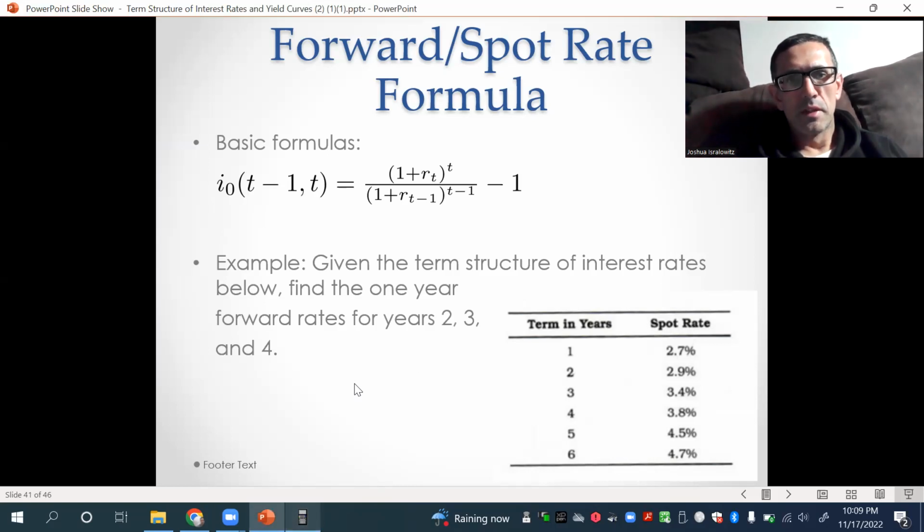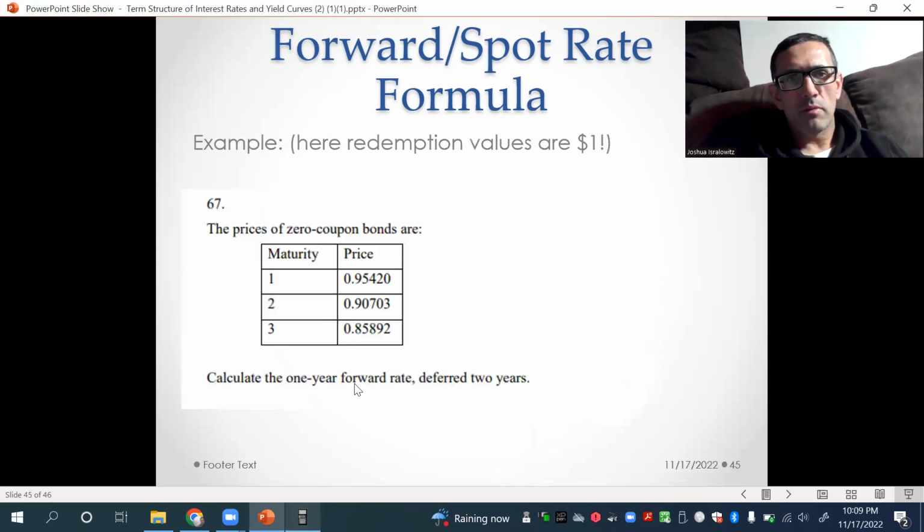So a little easy example, basically the same thing as we did before. Here are the prices of zero coupon bonds. I don't know why or how they're assuming you can figure out that implicitly the redemption value is $1.